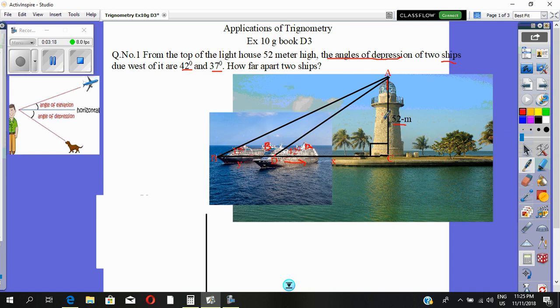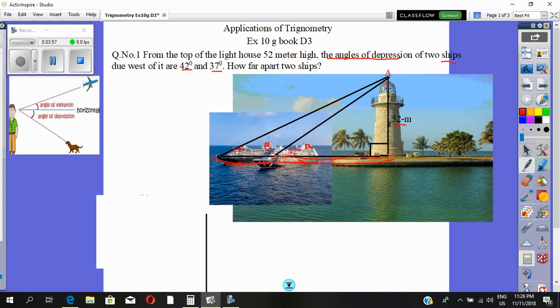If we find the total BC, from B to C, then we can easily find DC, from this point to this point. And when we subtract DC from the total BC, we get BD, which is our required answer.